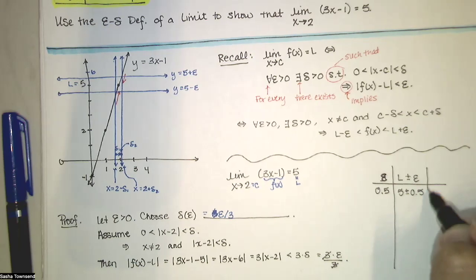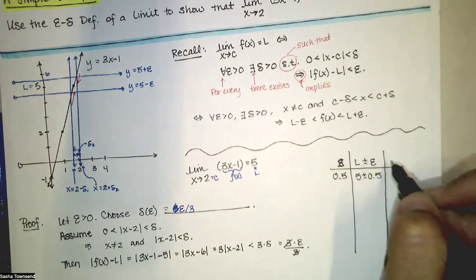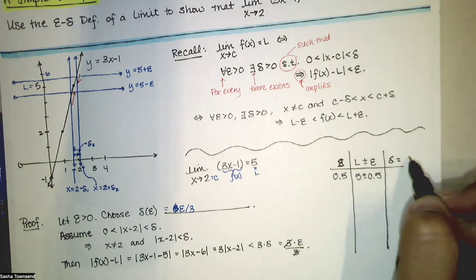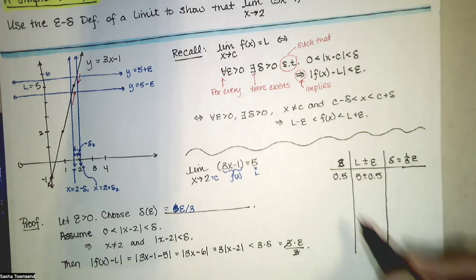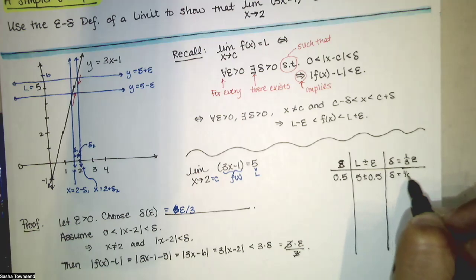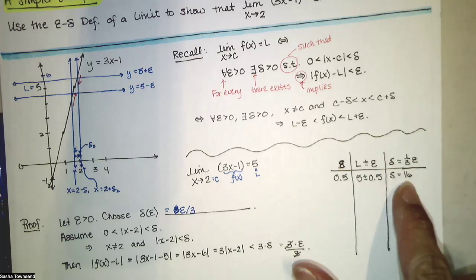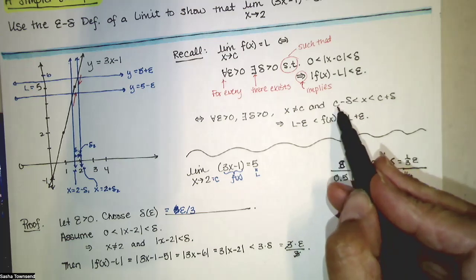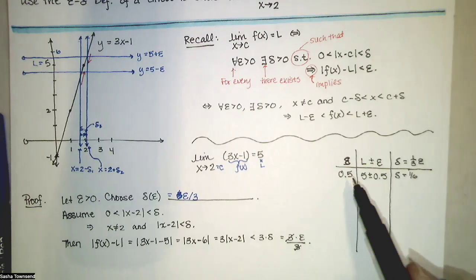So our y values are between 4.5 and 5.5. The question is, what's the corresponding delta? According to our calculations, the delta should be 1/3 of epsilon, or 1/3 of 1/2, which is 1/6. So if delta is 1/6, then if x is on the interval from 2 minus 1/6 to 2 plus 1/6, our y values are in this interval.